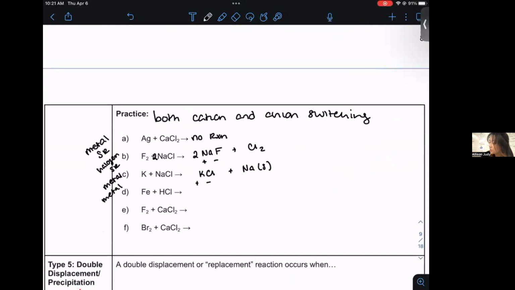So we're definitely going to see a replacement here. And it's going to become hydrogen gas and iron. I'm going to assume here it's iron 2 chloride because that tends to be more common for us. So we're going to say this is a 2+ and this is a 1-. That means I'm going to have to balance this out at some point with a 2 in front.